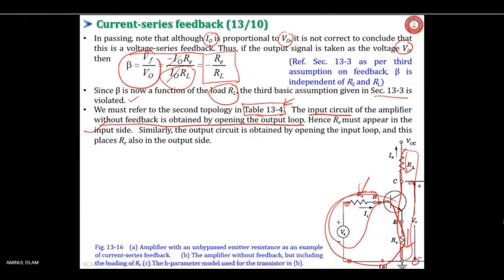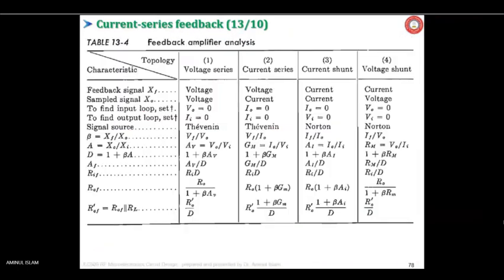In that case, your output loop has the RE. Similarly, when you open the output, or RL, your input loop has the RE. So RE falls into both the input circuit as well as the output circuit. With that, we can draw the circuit diagram and see later on.